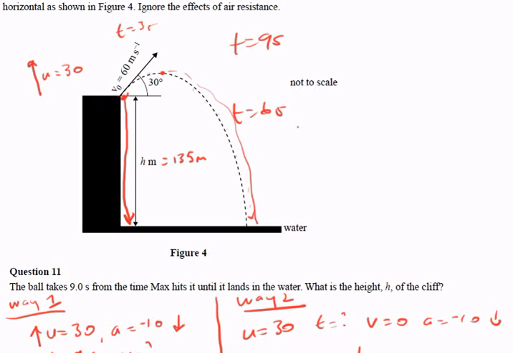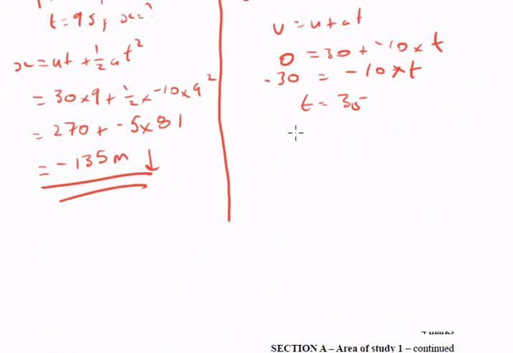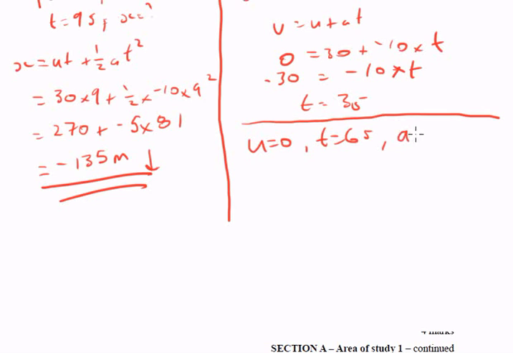I'm going to use an equation of motion again. From the top, the initial speed is 0. We know the time is 6 seconds. We know the acceleration, and because one part is going up and one part is going down, at the moment everything's going in the downwards direction, so we're just going to call that positive 10.